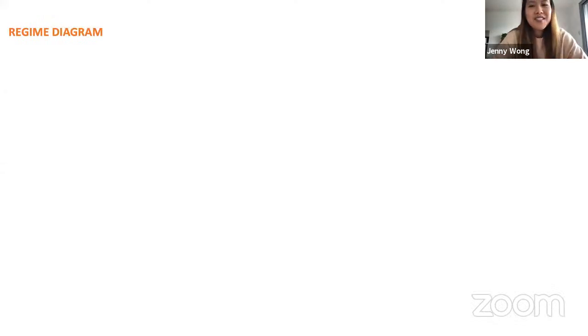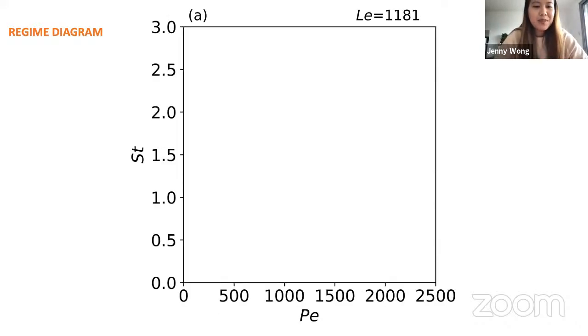Moving on to the regime diagram in general, which is the point of my work, it's to solve these equations many times over a large parameter space. What I've done is vary the Péclet number between 0 and 2500, and vary the Stefan number between 0 and 3. And then I've chosen the high Lewis number case.